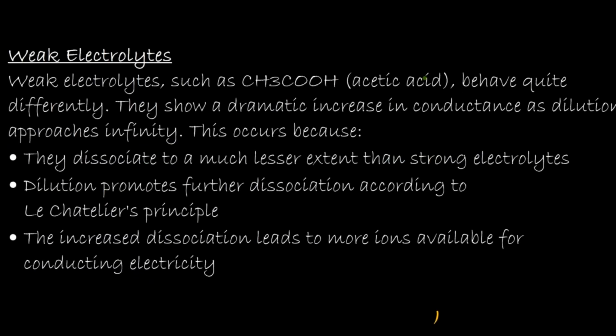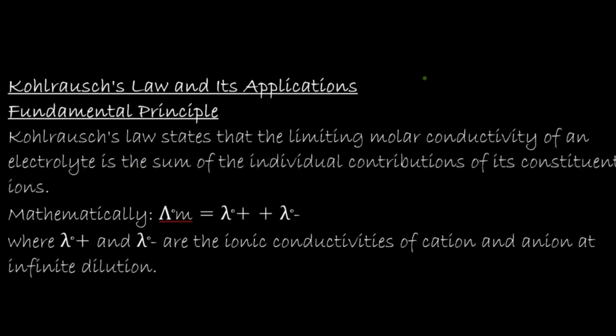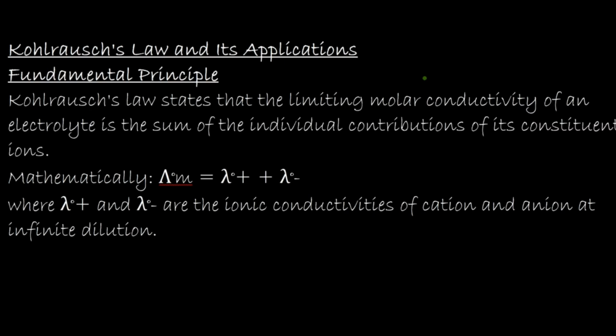Okay, so the real part of electrochemistry starts over here. Kohlrausch's law and its application, where the limiting molar conductivity of an electrolyte. This question was asked in previous year papers.